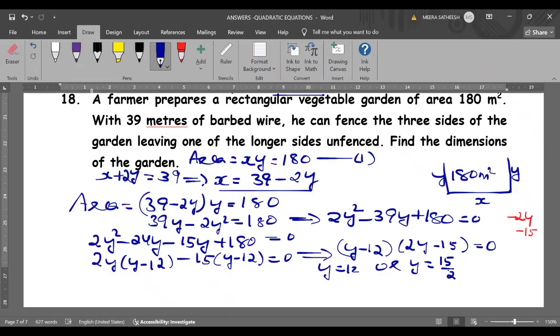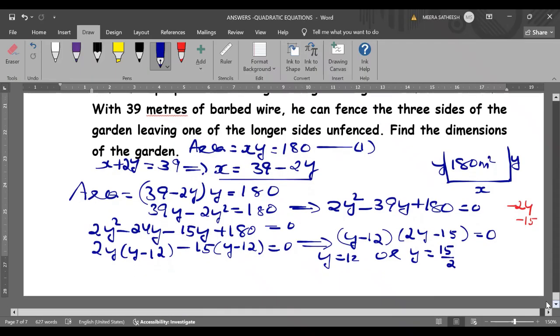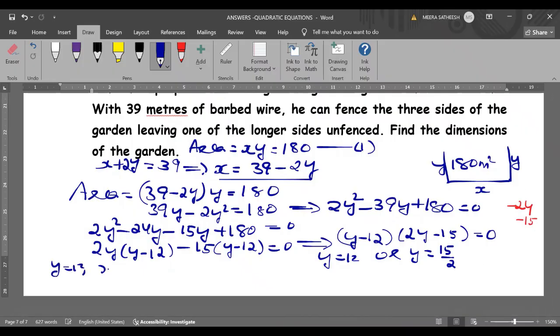So if y equal to 12, what will be x? x equal to 39 minus 2y. Let us check which is possible, both ways. When y equal to 12, x equal to 39 minus 2y, so 39 minus 12 into 2, 24, so it will be 15. Now when y equal to 15 by 2, then x equal to 39 minus 2 into 15 by 2.